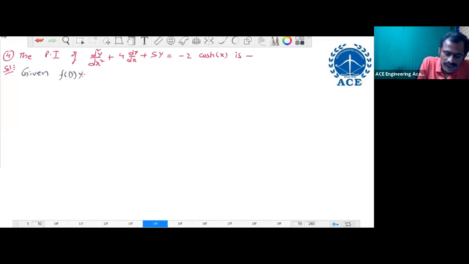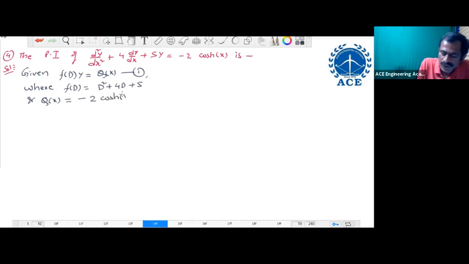Given f of D, y equal to q of x, where f of D equal to D square plus 4D plus 5, and q of x equal to minus 2 into cos hx.